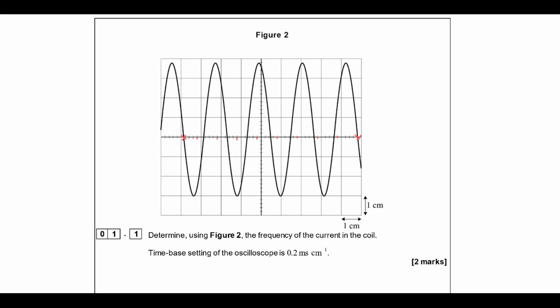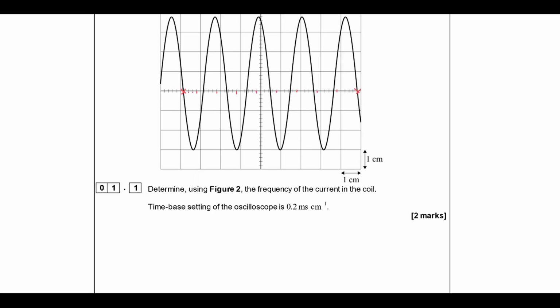So 0.2 times 8.75 gives us a time of 1.75 milliseconds. Divide that by 4 because we want the time period for one cycle, and then 1 over that, and you end up with something in the range of 2,285 using that method. So let's actually show that working.